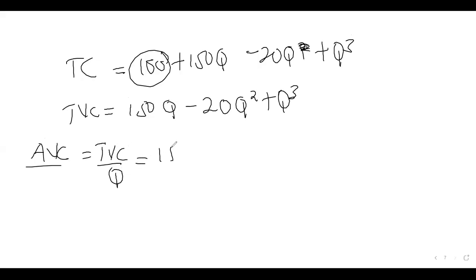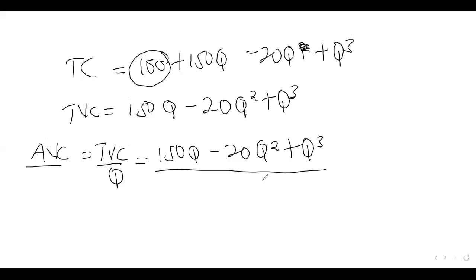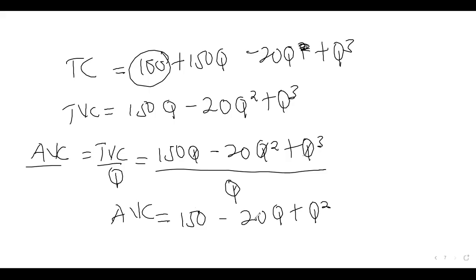So you have 150Q minus 20Q squared plus Q cubed, all divided by Q. The average variable cost will be 150 minus 20Q plus Q squared, because Q will remove one of the Qs from each term. So you get this to be the average variable cost.